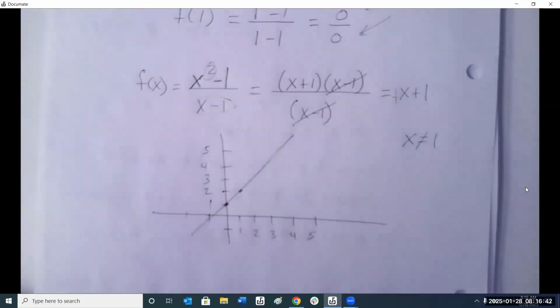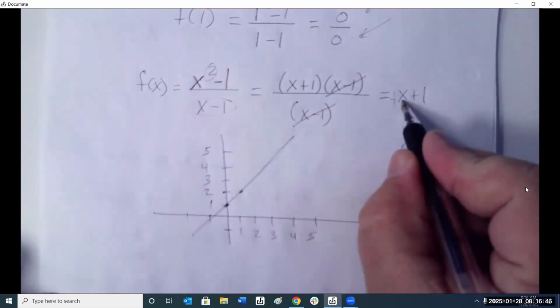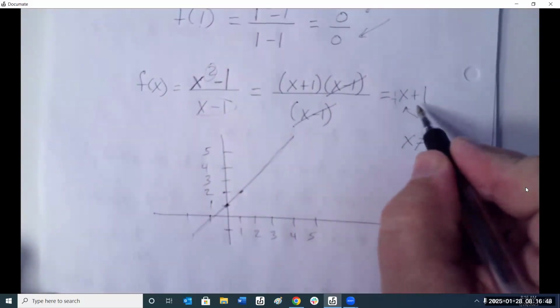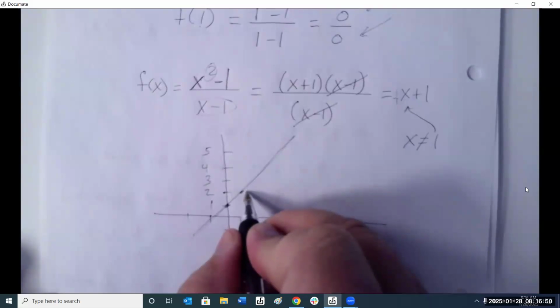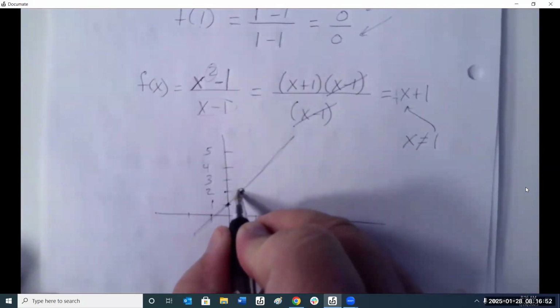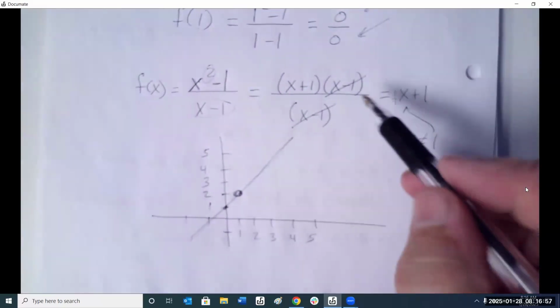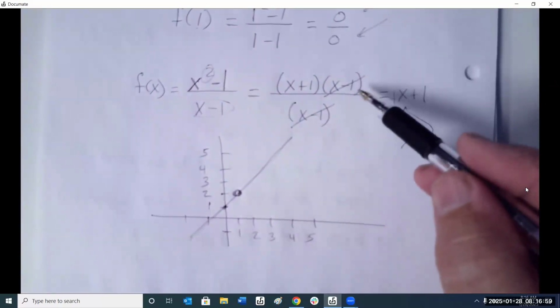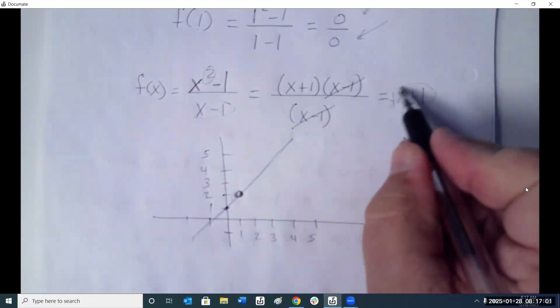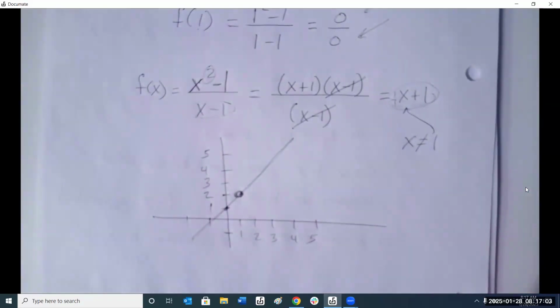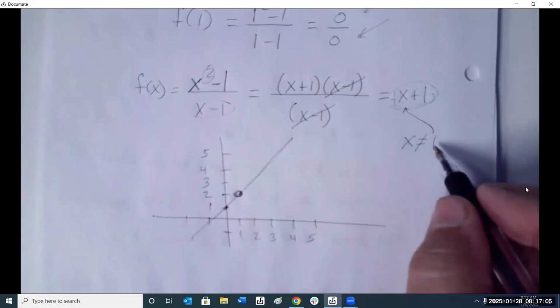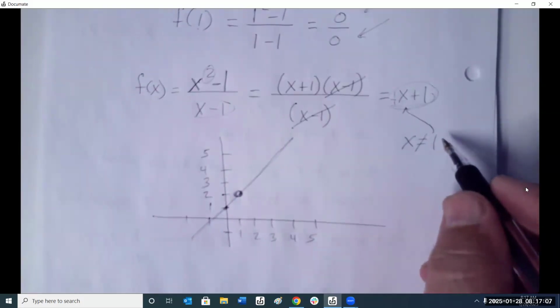What happens if x equals 1? What's the value? If we put 1 in there, we get 2. At that point, we have a hole, because remember, we simplified the equation. Now this is the equation we're looking at. That's the graph of the function. Since we can't use 1, we removed it.